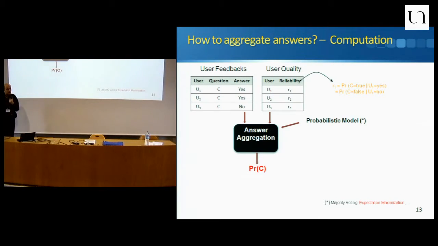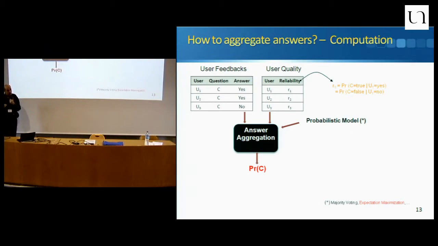So how it works, essentially: we assume some initial quality for each user, then we try to aggregate the answers. This gives us some aggregated results, and we can compare the aggregated results with the individual inputs, and this gives us an idea how well a particular user has responded.